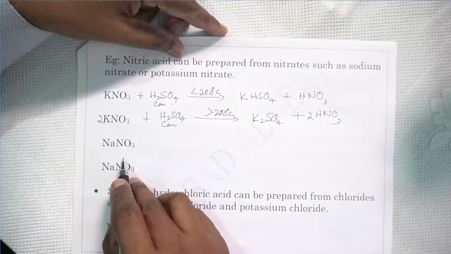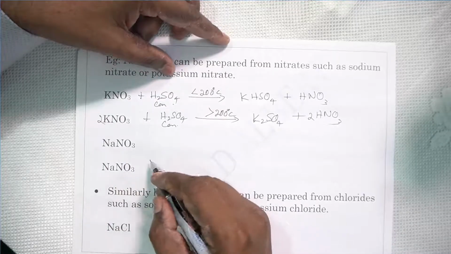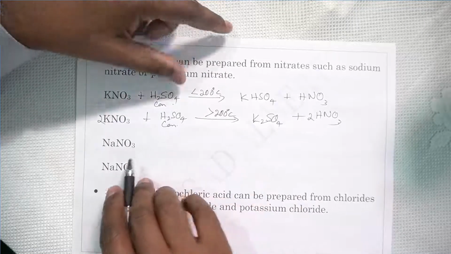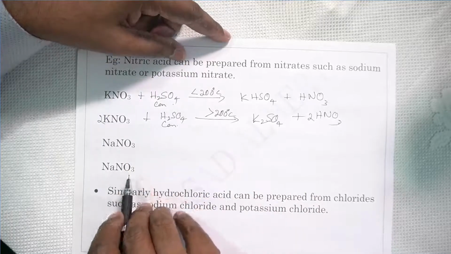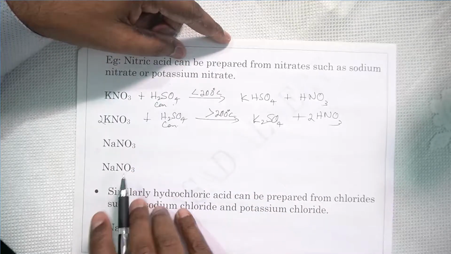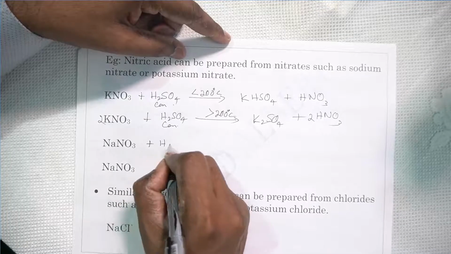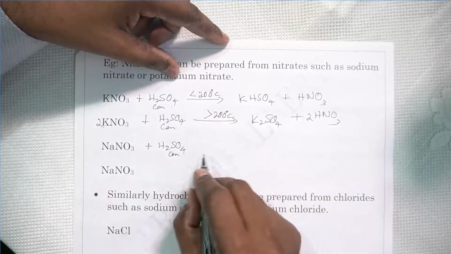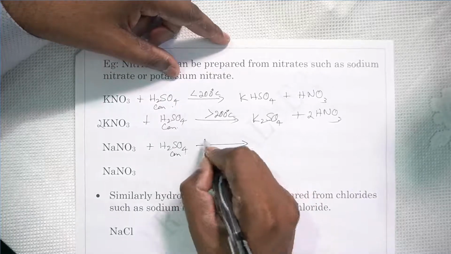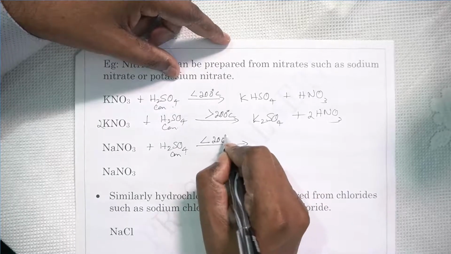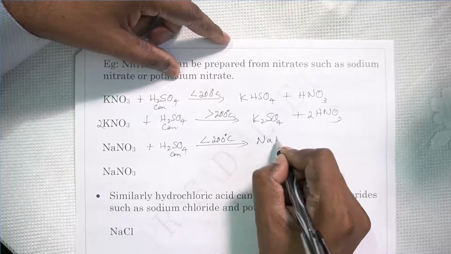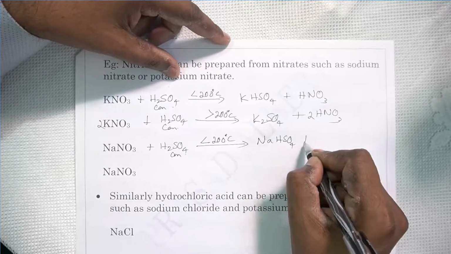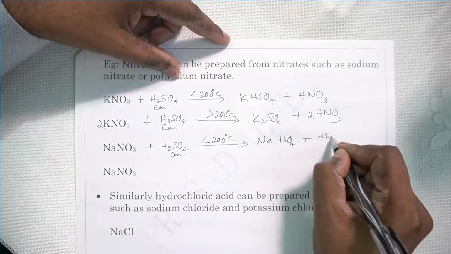Now the same reaction can happen with sodium. Sodium and potassium, they are twins. If potassium undergoes some reaction, sodium also undergoes it. Potassium as a compound, sodium also has. So plus H2SO4, you can just replace the K with Na. The remaining will be the same: less than 200 degrees Celsius, NaHSO4 and HNO3.